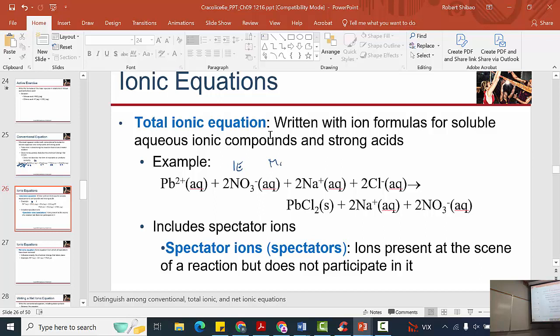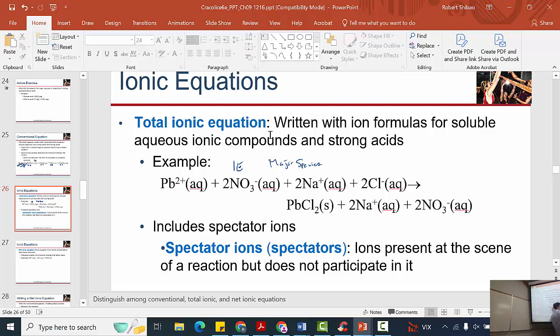This shows the major species. In the lead-2 nitrate solution, the major species are lead ions and nitrate. Do you expect to find any lattice left? No. And sodium chloride the same. However, lead-2 chloride is an insoluble salt, so the major species is lattice, the solid.